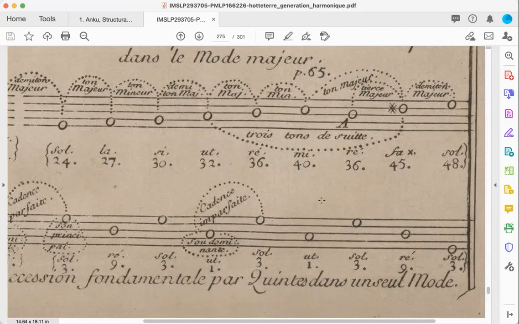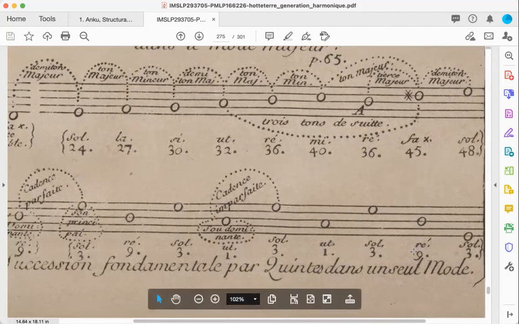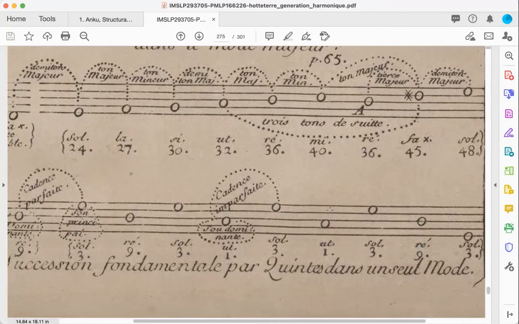One last thing to point out, there is a tuning discrepancy that arises here as well. This D has as one of its generated tones an A, right? The A is 27 because it's a fifth above the D, which is 9. Okay, so 27.